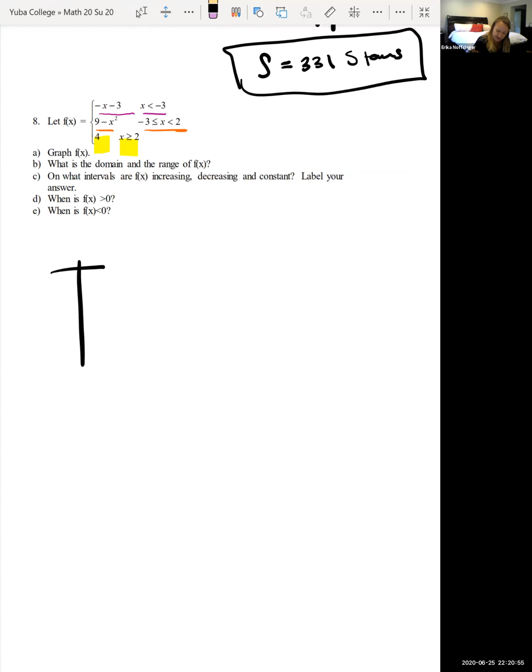So we have x here. We have y equals negative x minus 3. When we plug in numbers, we always want to test the values of our inequality, even if it's not included. So negative 3 is the endpoint of our inequality, but it's not included. We still want to see what's happening there because we can get really close. So negative of negative 3 minus 3: negative of negative 3 is 3, minus 3 equals 0.